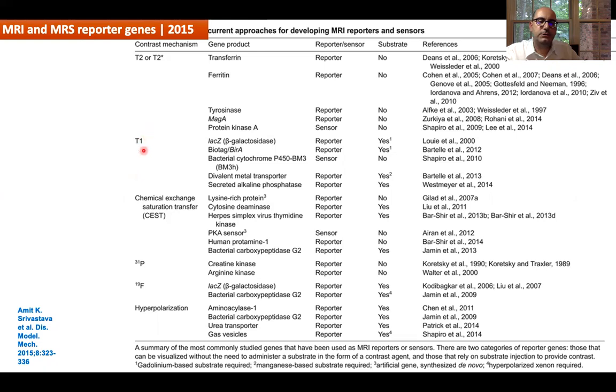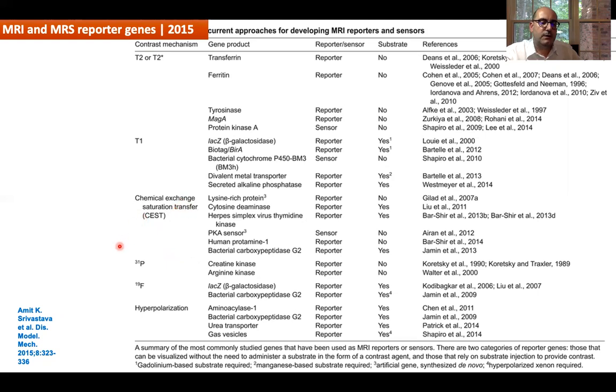T1 agents, those are usually enzymes that are somehow involved in generation of T1 contrast or shortening of T1, mostly by some sort of manipulation of gadolinium or manganese-based agents.